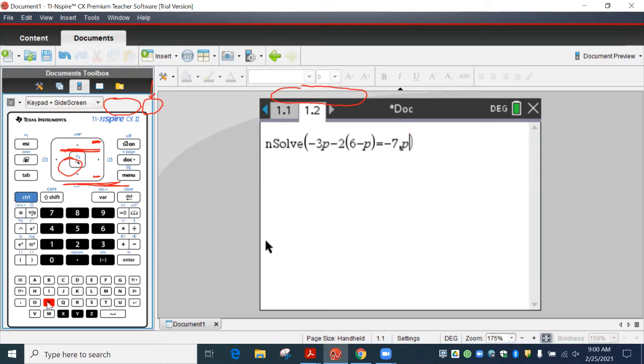If you use the letter X, you're going to put an X there. I know that seems stupid, like, duh, put the letter there, but that's just the way this calculator works. So you got to put comma P or comma X at the end, depending on what letter you used. Then you just hit enter, and it does all the work for you. Okay? So you should never, ever, ever miss a basic equation. It'll do all the work for you, okay?